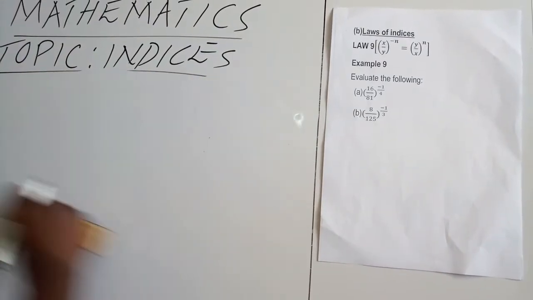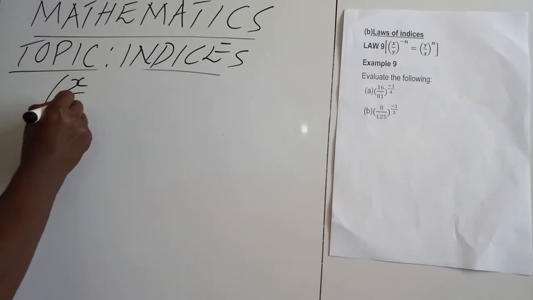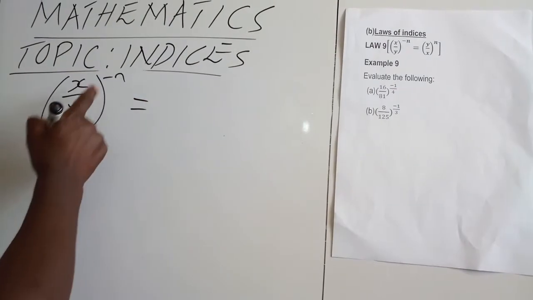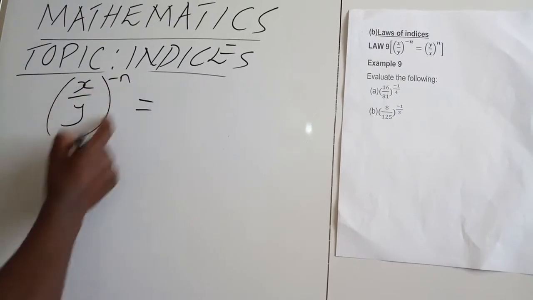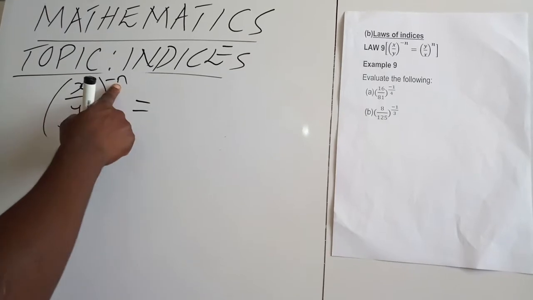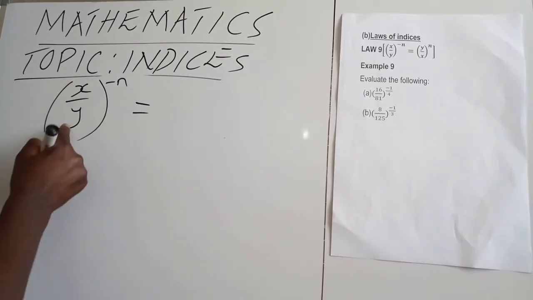Now we begin there. Initially we had x over y power negative n. Having this in brackets and that power outside there means that this power is affecting both elements in the bracket, x and y.